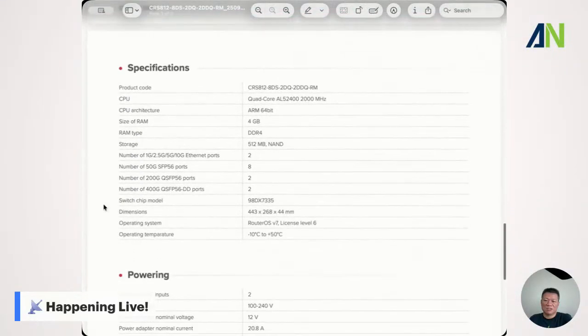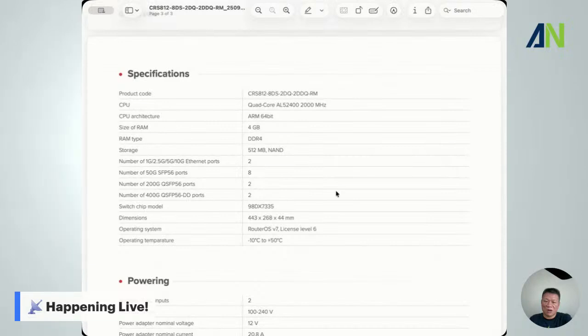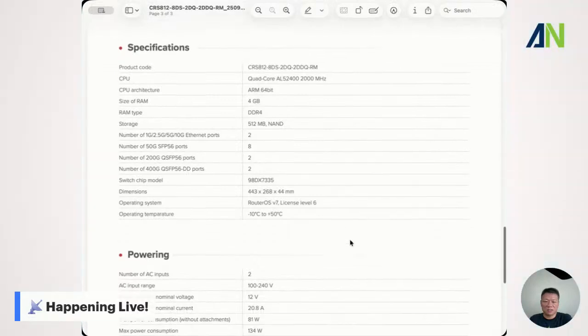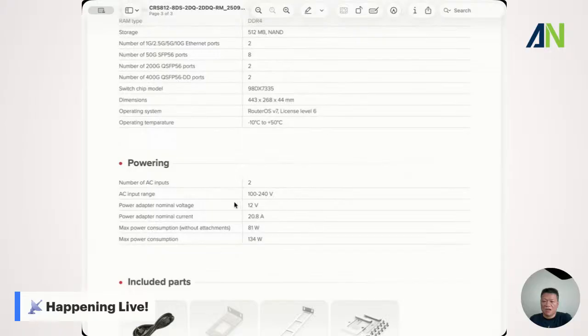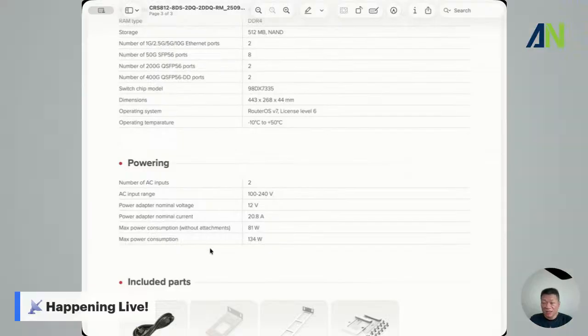Okay, so these are the specifications of the hardware. It's quite straightforward. It has 2 redundant power AC inputs. This is what I like. Maximum power consumption without attachments is 81 watts, and the max power consumption with all the modules plugged in is 134 watts.